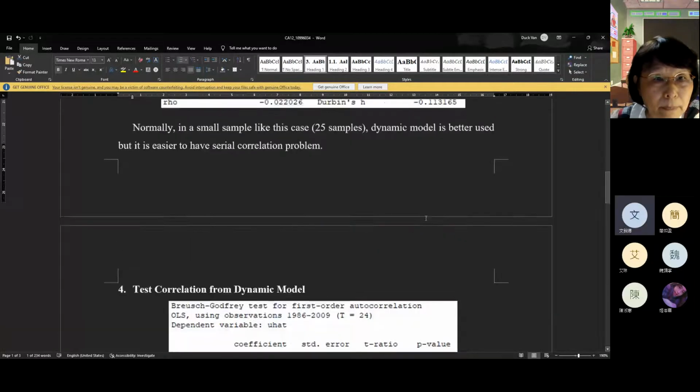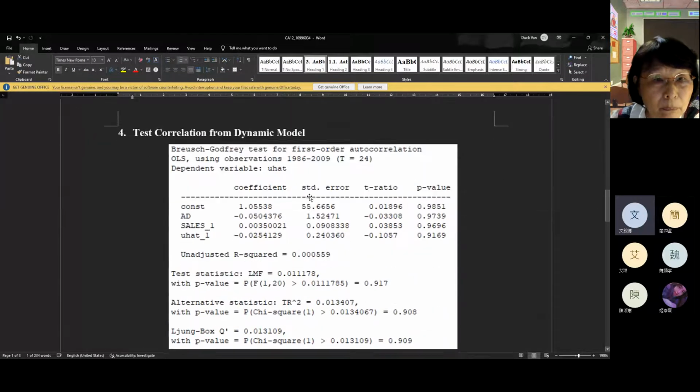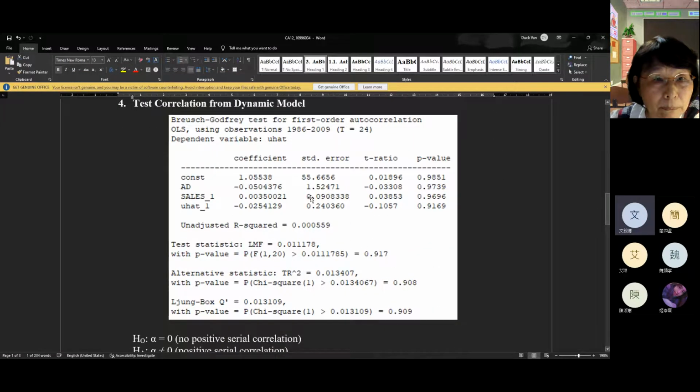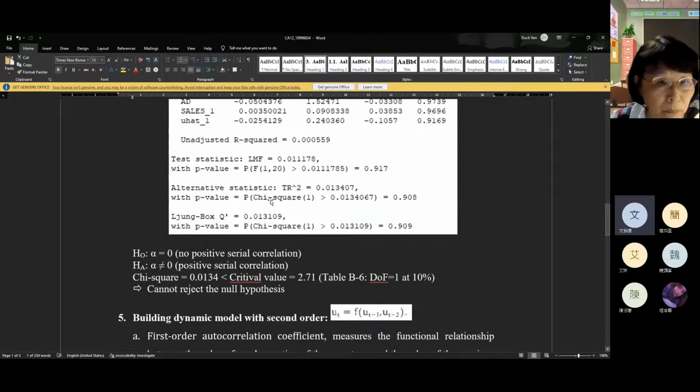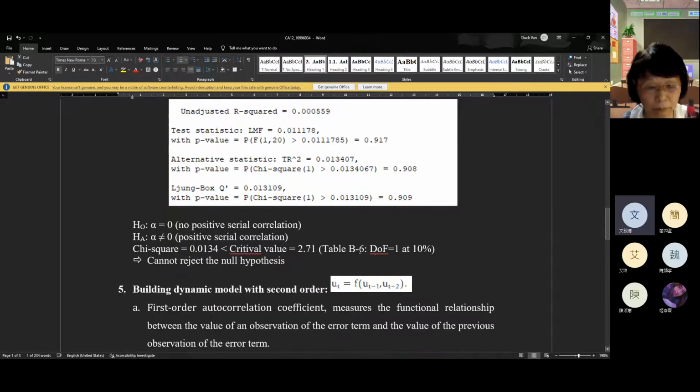So I think maybe the rest is wrong, but for number 4, I tested the correlation from the dynamic model. I have a hypothesis, and I got the result that the chi-square is 0.0134, which is smaller than the critical value of 2.74, because the degree of freedom we have here is 1 and 10% in table B6.